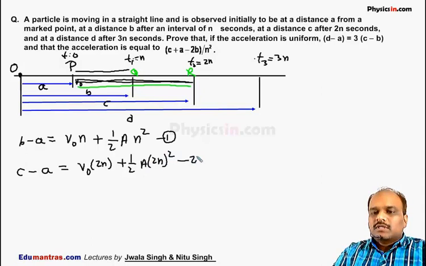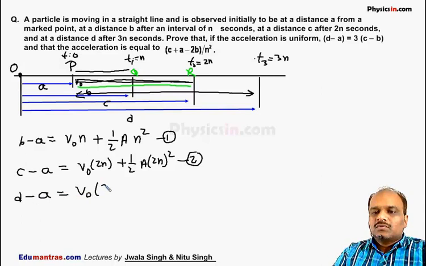This is the second expression. In the same way, from p to the final distance, d minus a is equal to v naught into 3n plus 1 by 2 a into 3n whole square. This is the third expression.